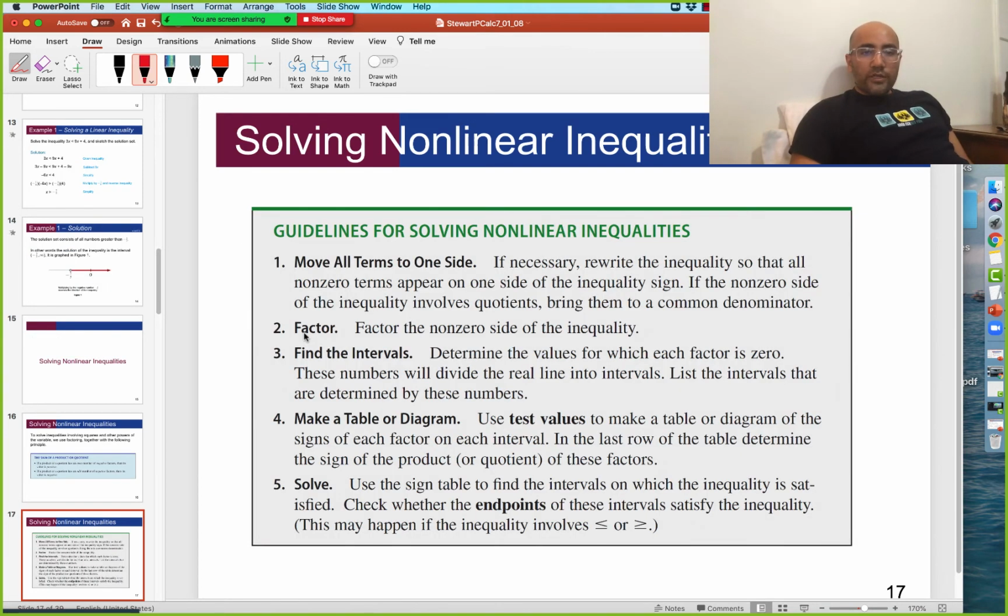So the strategy is going to be to move all the terms to one side so that it equals 0. Then we're going to factor everything, rewrite it as a multiplication of polynomials. Then we need to determine when that product is positive or negative by identifying all the zeros, all the places where it equals 0.